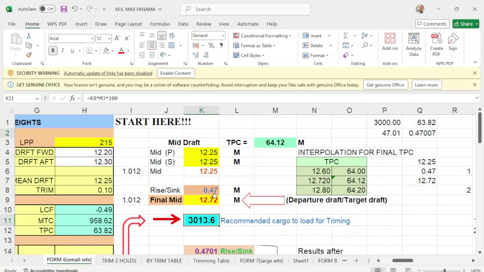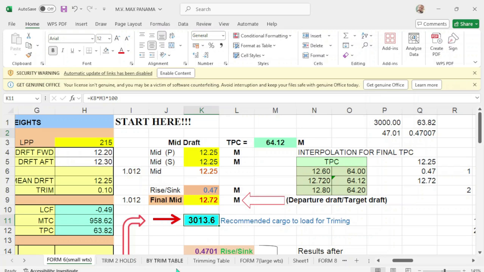Okay. Now, I'll explain further. Since this is your present drop, how many centimeters do you have to sink to reach 12.72? It takes about 47 centimeters to reach 12.72, or about 3,014 metric tons to reach the drop of 12.72.